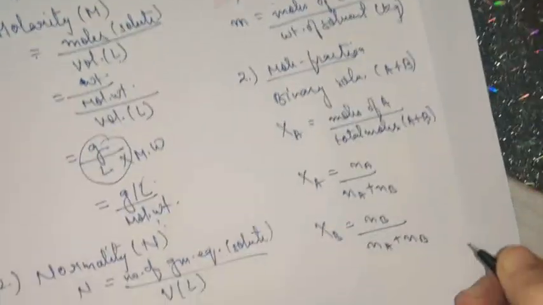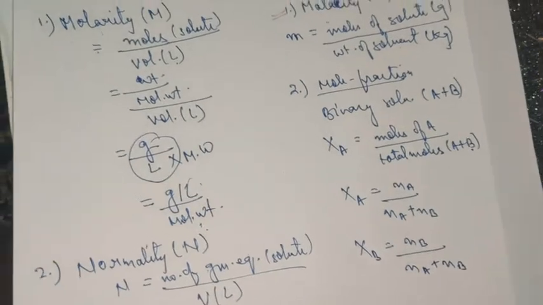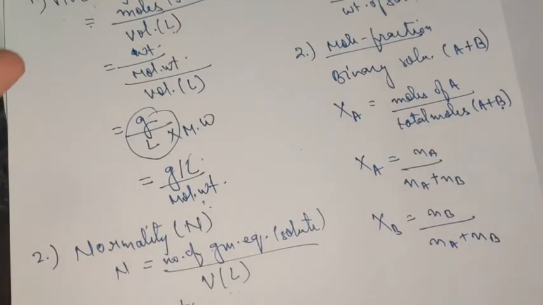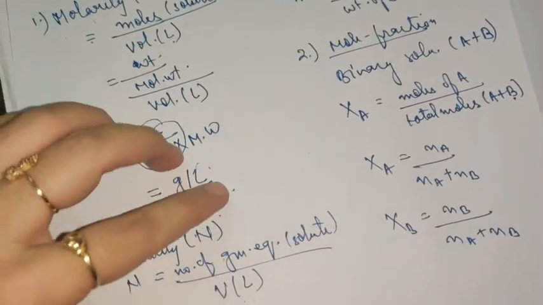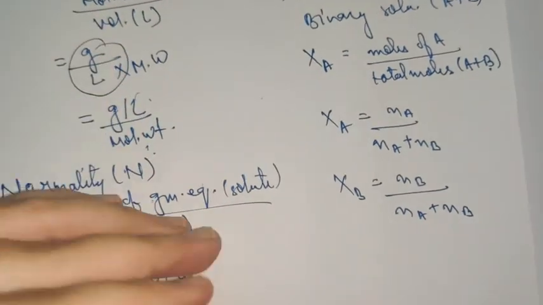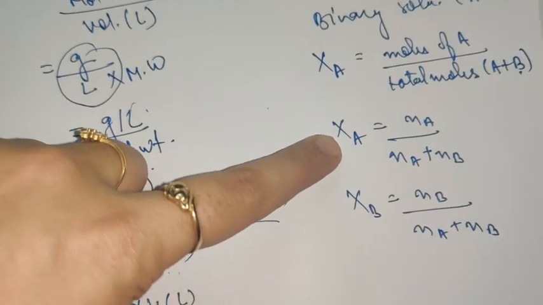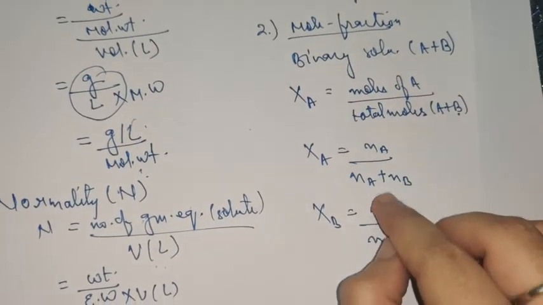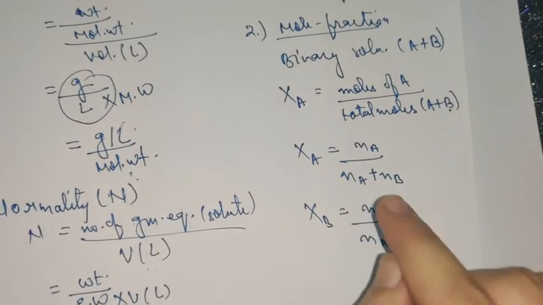So fraction obviously means we are talking about the fraction of anything, and when you have to find out the fraction of your marks, how do you find out? The obtained marks upon total marks. Similarly, if you have to find out the fraction of A in the total solution, what will you do? The fraction of moles of A, that is moles of A upon total moles present in the solution.